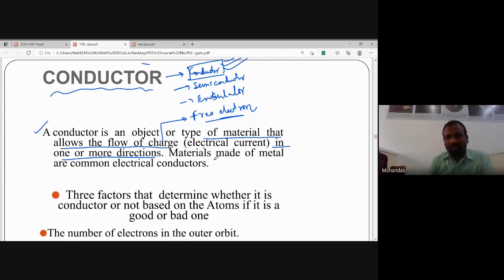Okay? And the materials made of metal are common electrical conductors. Can you give the best example for the conductor here? Copper. Next is silver. These are the best examples for the conductors. Okay?